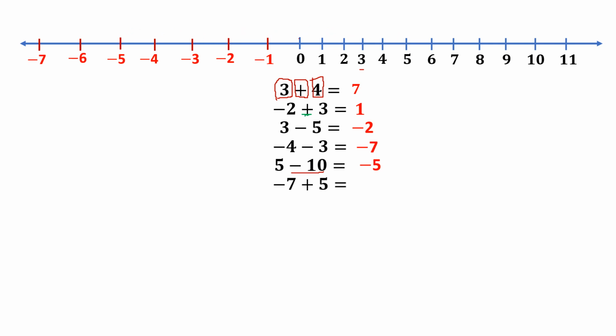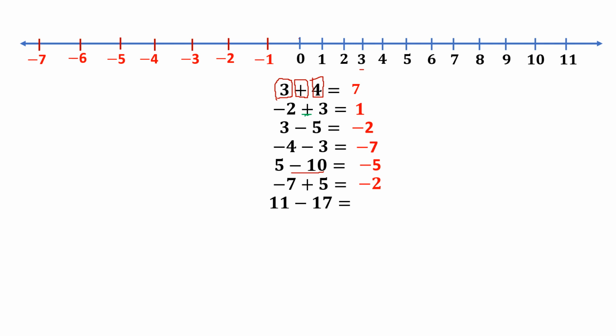Minus 7 plus 5, my starting point is minus 7, and I am moving 5 units to the right. So it's 1, 2, 3, 4, 5, and this takes me to minus 2. So minus 7 plus 5 is equal to minus 2.